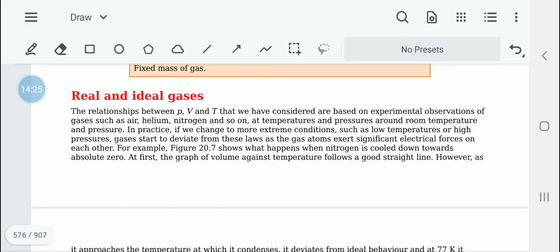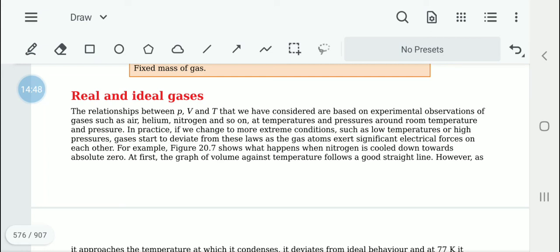Then write down real and ideal gases. The relationship between PV and T is theoretically possible.